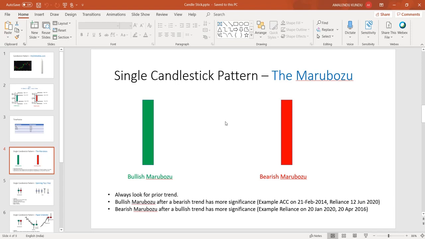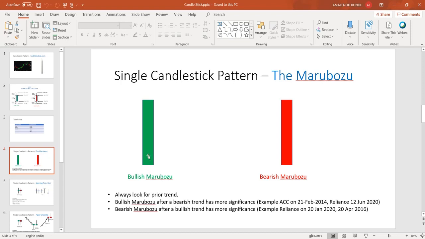Let's understand the underlying psychology. What happens between the bears and the bulls? Now remember the fights that I have told you. So what happens between them, the buyers and the sellers? As you know, this is our opening price, correct? Since the price opened, it did not go down.